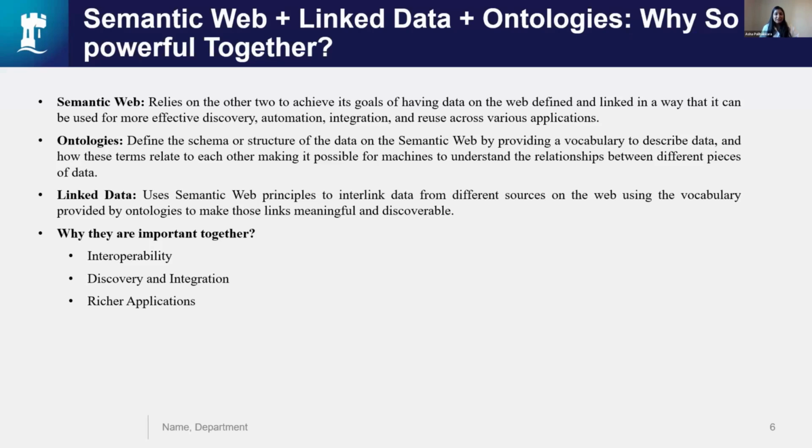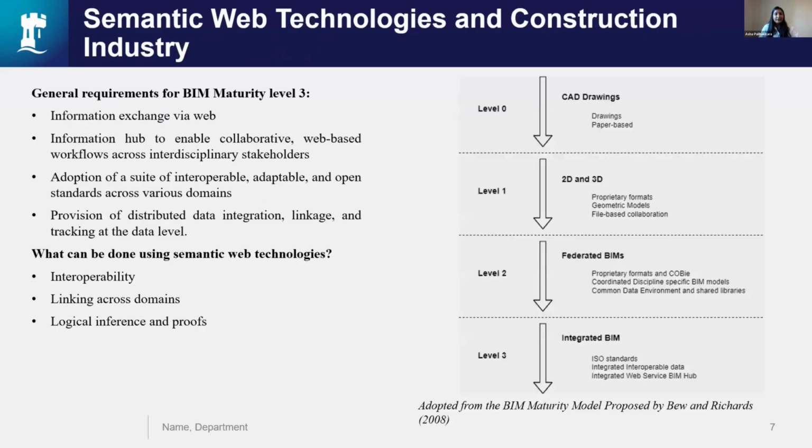In summary, these three things together help us to create interoperability, discovery, and integration, and to create richer applications. This is also what we want in the construction industry to overcome the issue of data interoperability.